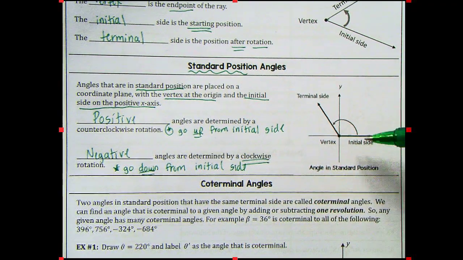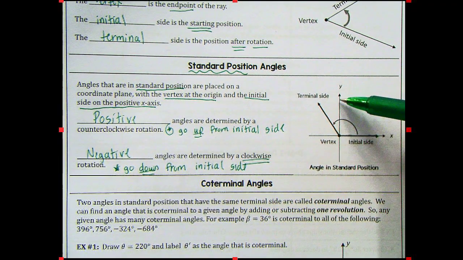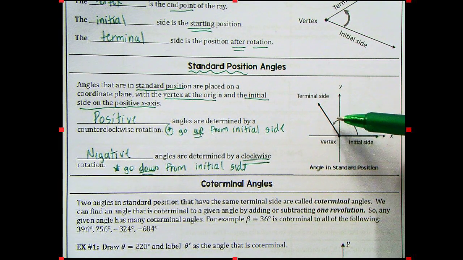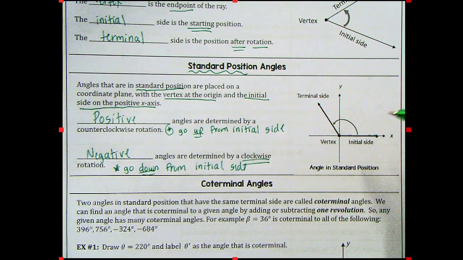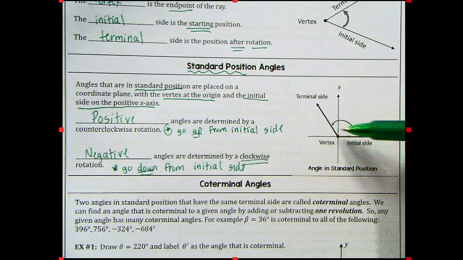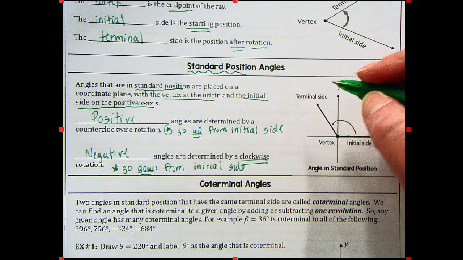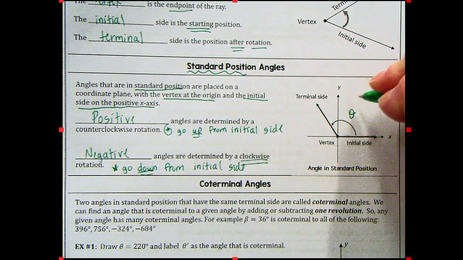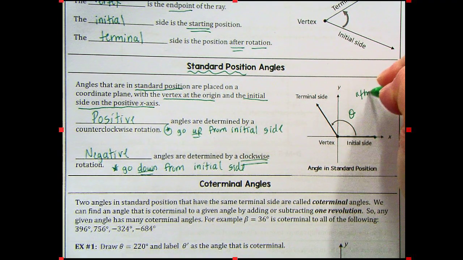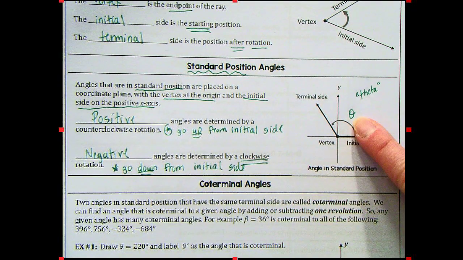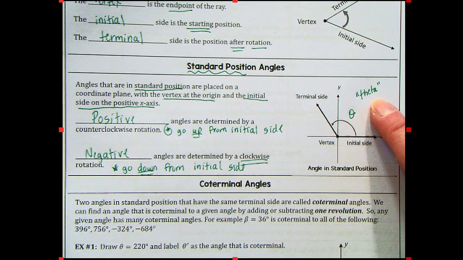So basically, if I was drawing this angle, clearly it's bigger than 90 but less than 180, and it's positive because I'm going up. But we're going to have to start doing labels because there's technically an infinite amount of angles represented here. I could have this angle, which I could call theta. So that's theta, if you forget. Kind of looks like a little circle with a swoosh, theta.